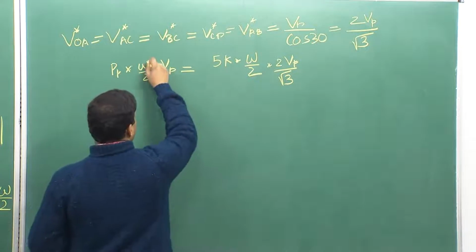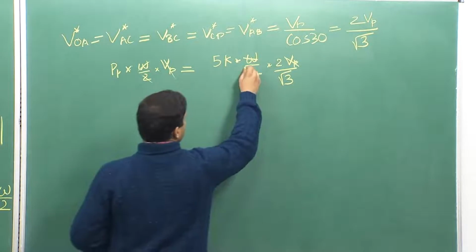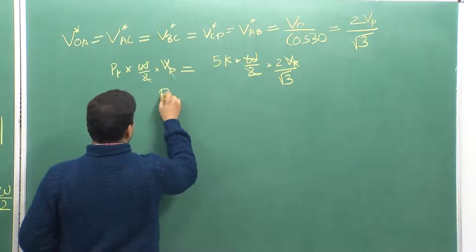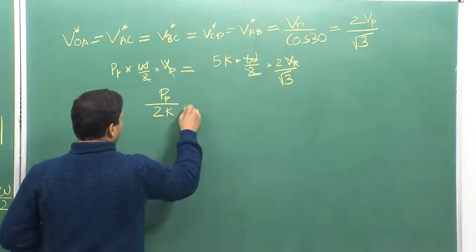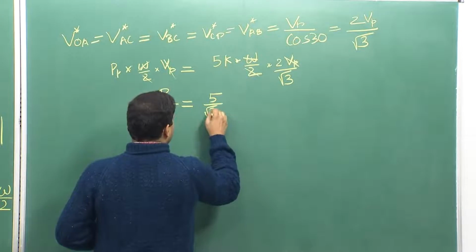So, we can cancel out our common terms, and what we are left with is Pp by 2k, which is the standard way we write it, equal to 5 over root 3.